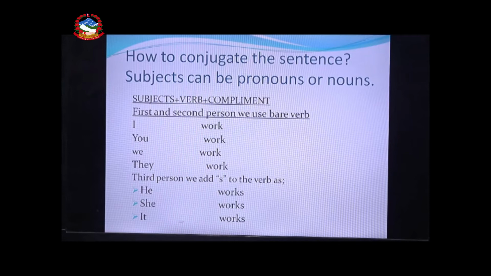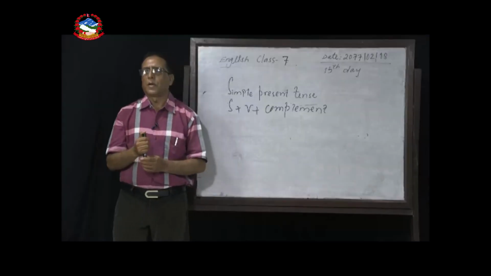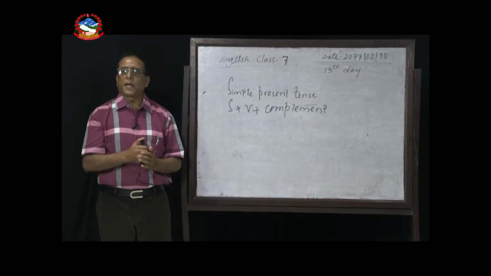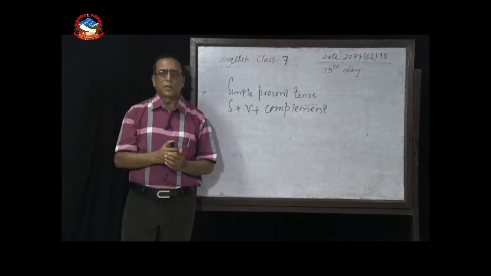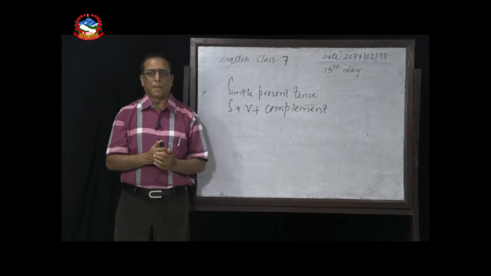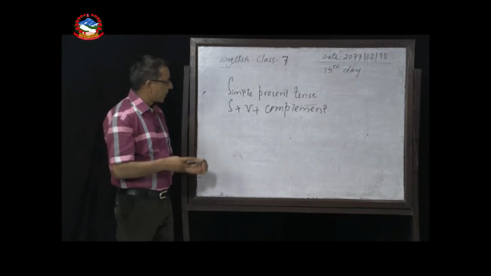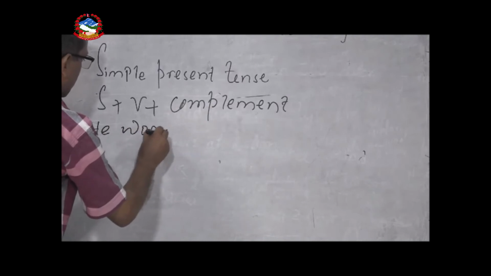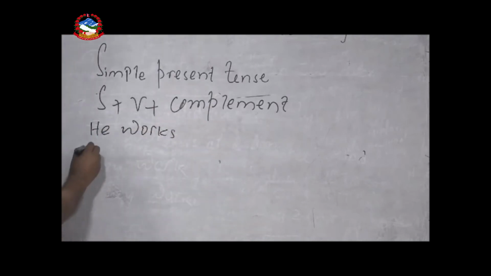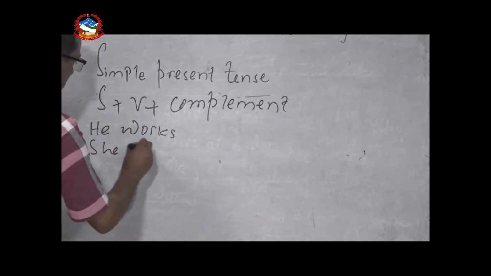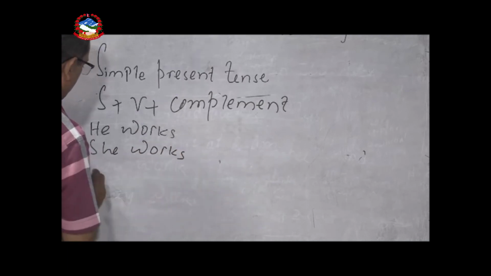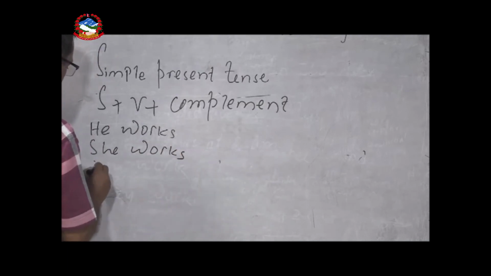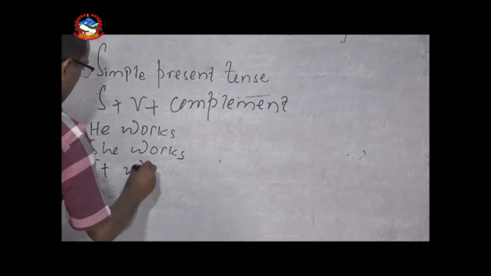We add s or es to the verb. For example, he walks, she walks, and it walks.